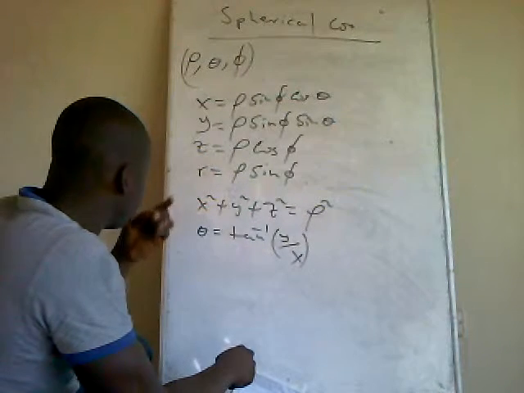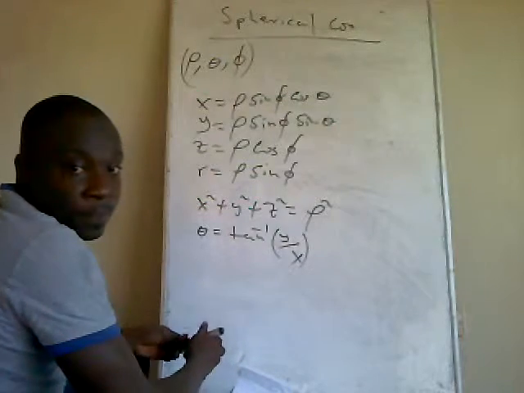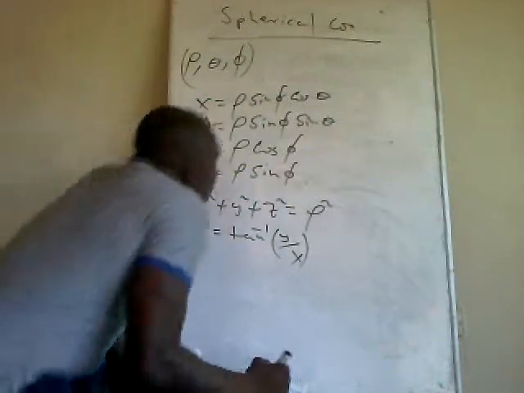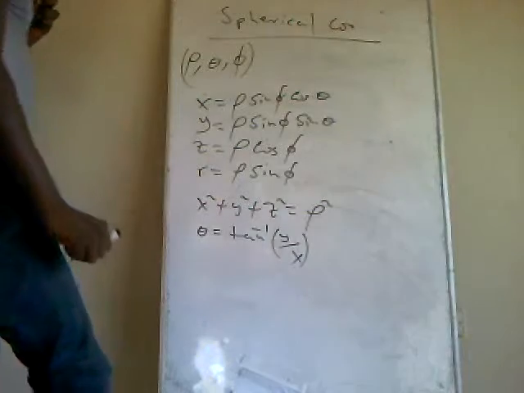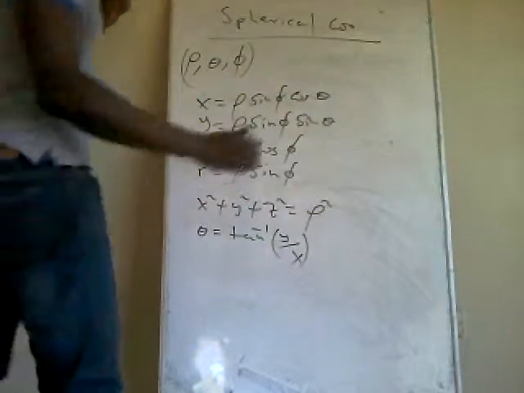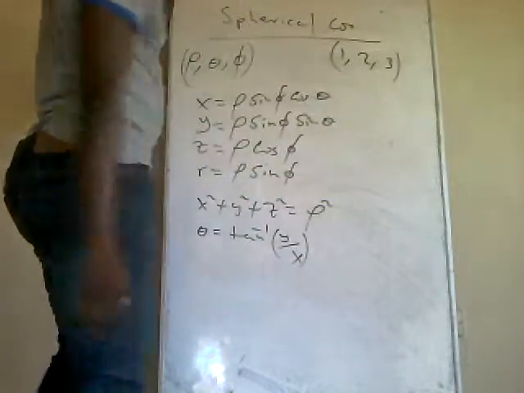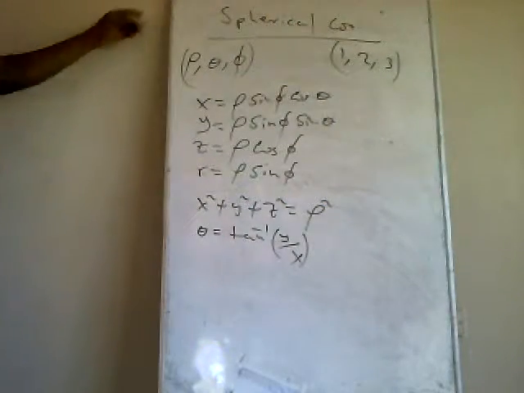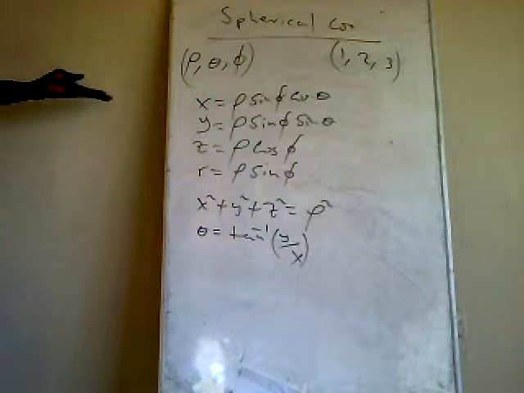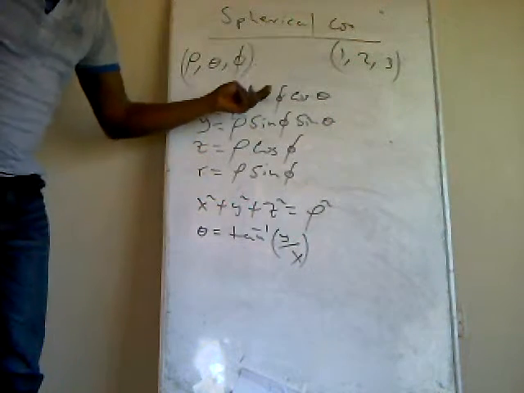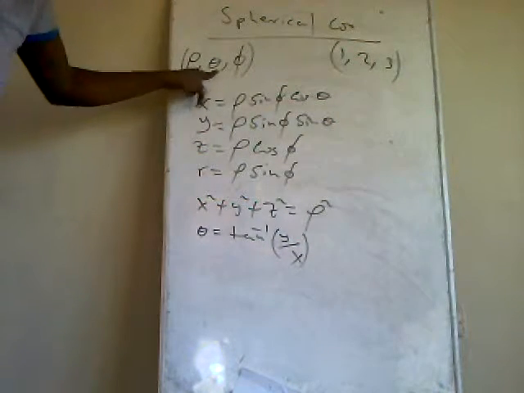Right, nice one. So let's see. Given a rectangular point, let's say (1, 2, 3), I'm supposed to convert this to spherical. All I need is rho, theta, and phi.